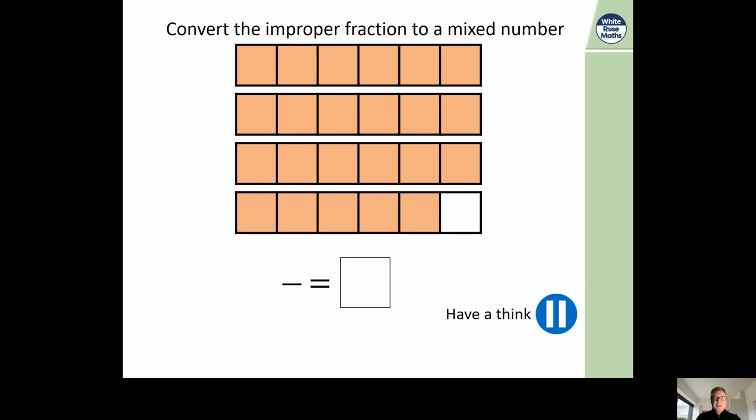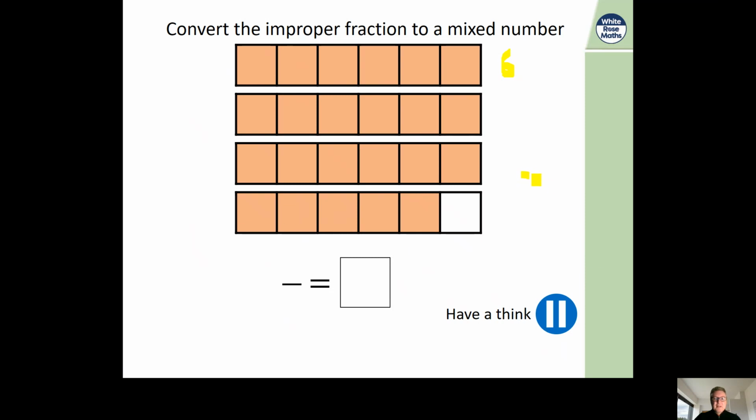So convert the improper fraction to a mixed number. Have a think. Just a little hint. So have a look at this. 1, 2, 3, 4, 5, 6. Is that going to help us? 6, 12, 18, 19, 20, 21, 22, 23.